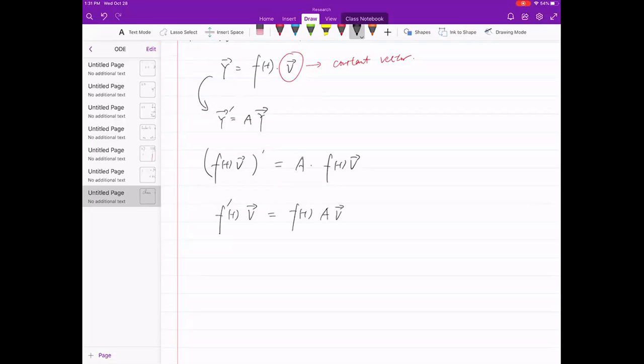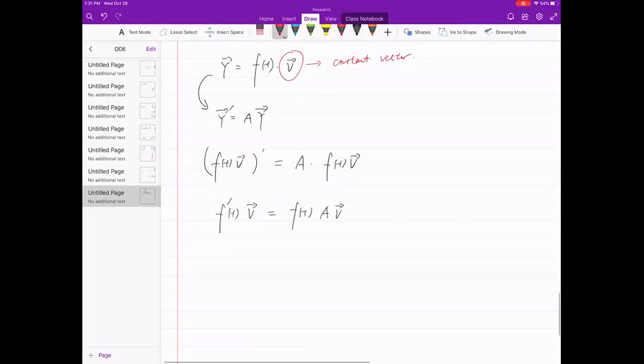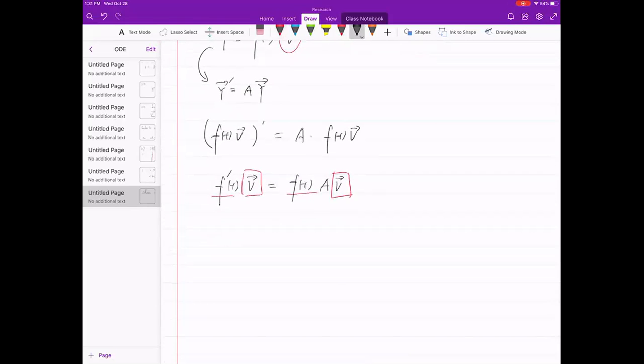Good so far? Okay. Vector, vector. Number, number. So what you really have is you want your Av to be a number times your v.